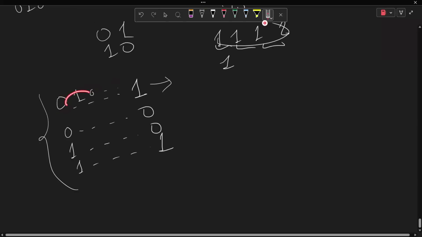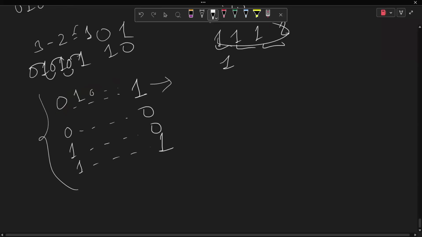If you see this 0, 1, 0, 1, 0, it has 0 to 1 three times and 1 to 0 two times. The net difference is 1. So you can assume this transition from 0, 1 to 1, 0, net, is the same as if it was just 0. And if you make a transition from 0, 1 to 1, 0, the net is the same.